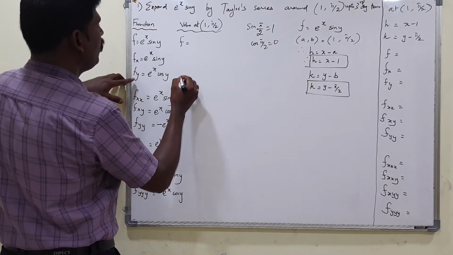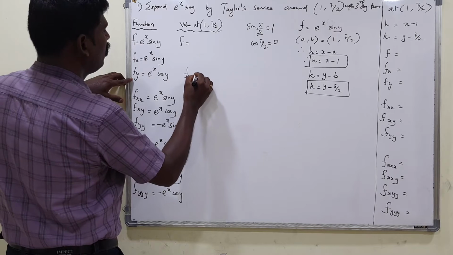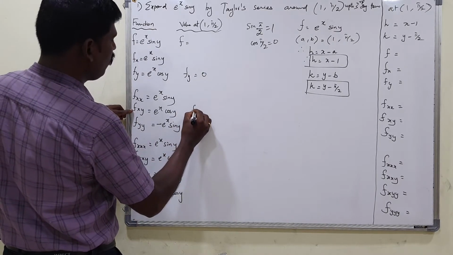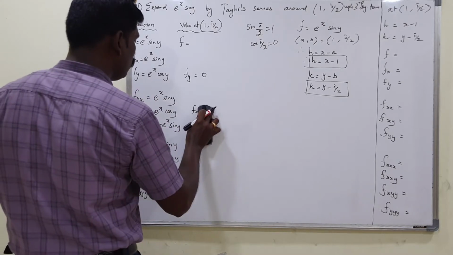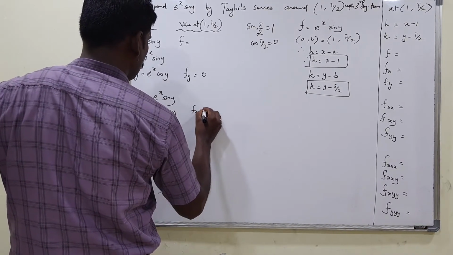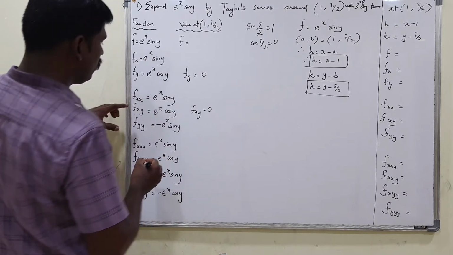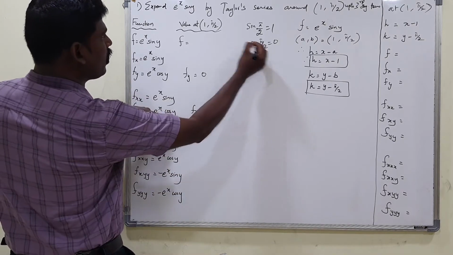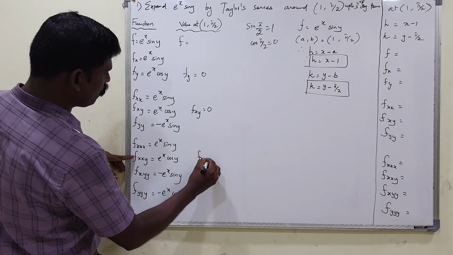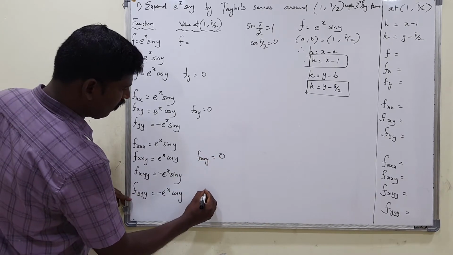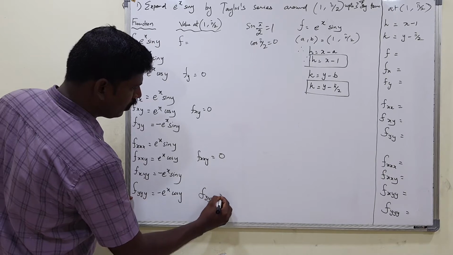So simply we can understand that fy is 0, fxy is 0, because cos 90 comes here and cos 90 is 0. Then f double xy is 0, and f triple y is 0.